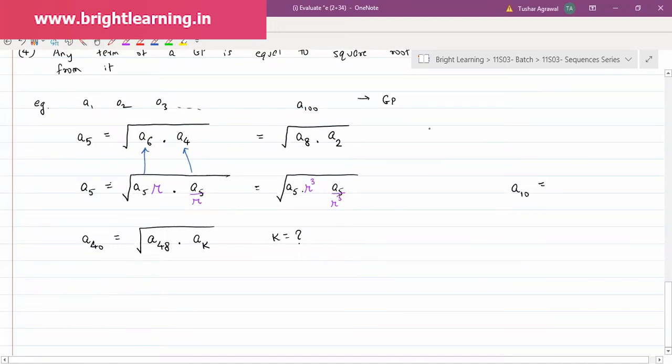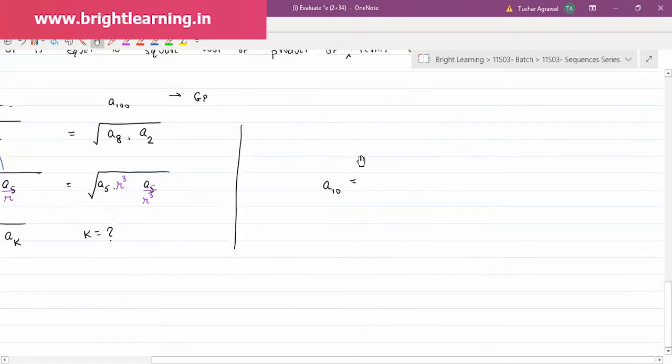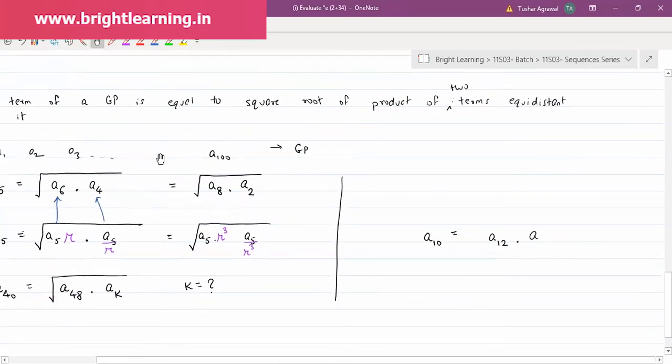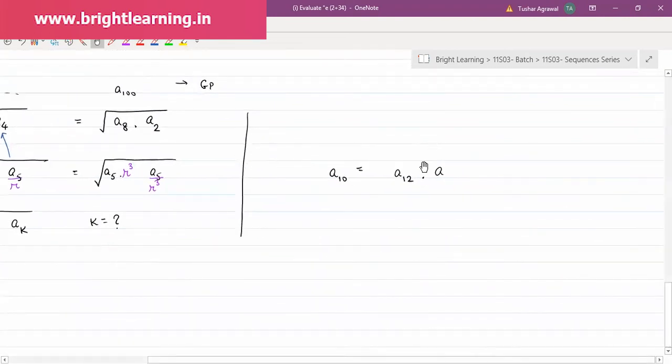So the 10th term will be equal to the square root of the 12th term multiplied by, so you went 2 steps ahead of the 10th term, also come 2 steps backwards, that will be the 8th term, their product under root.